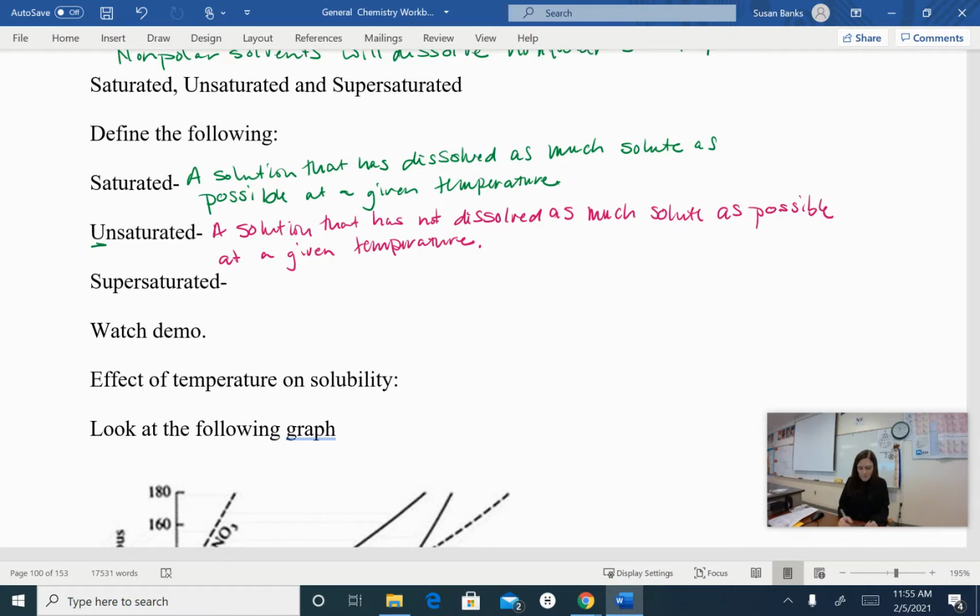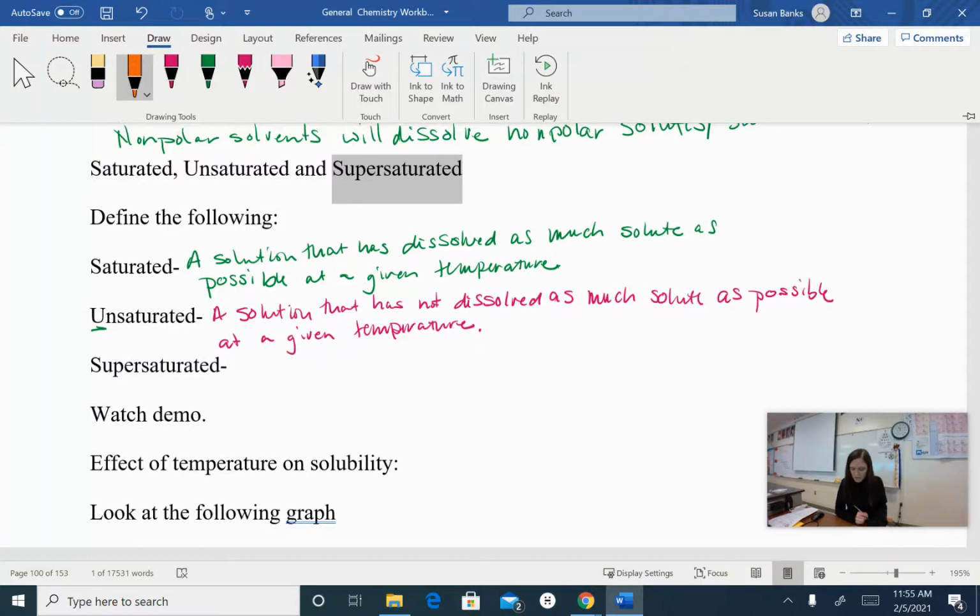Now, supersaturated. Super is coming from the German usage of super. Super means above and beyond. So if it's supersaturated, it's got more solute than it normally possibly can. So it's above or beyond saturated.